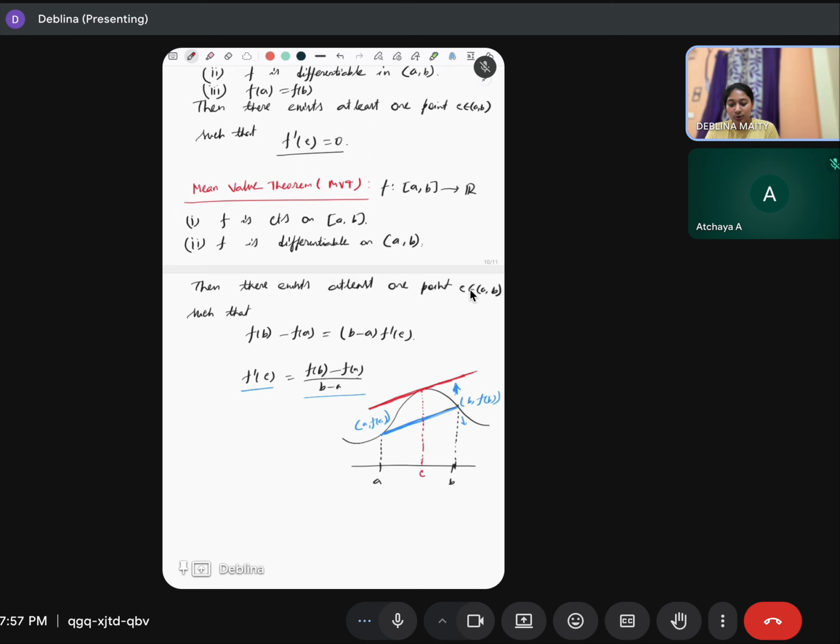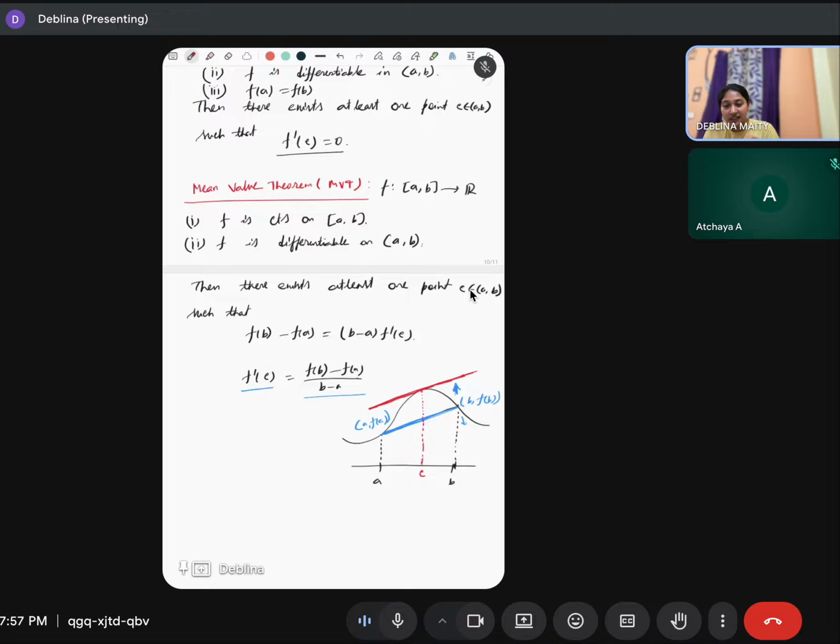This is C, so at C the tangent is f dash C, and it is parallel to this line segment, right? So this is the geometric interpretation of the mean value theorem.